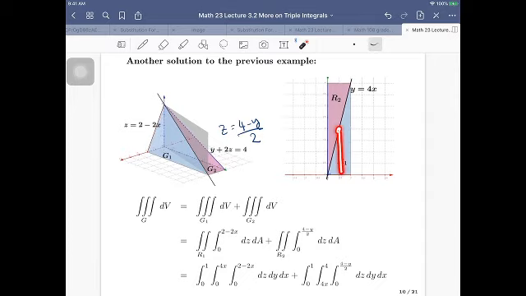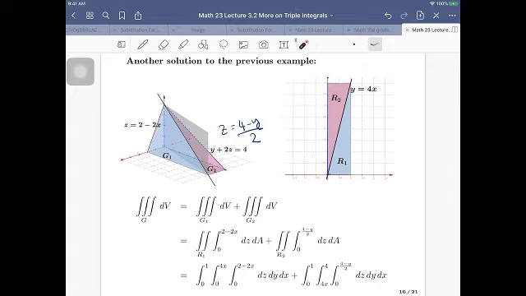Type 1 means that you look at the vertical strip and look at the bottom and top functions. So the bottom function is clearly y equals 0, which is the x-axis, and the top function is y equals 4x. That's why you have 0 and 4x as the limits of the second innermost integral, and x here ranges from 0 to 1, so that's clear.